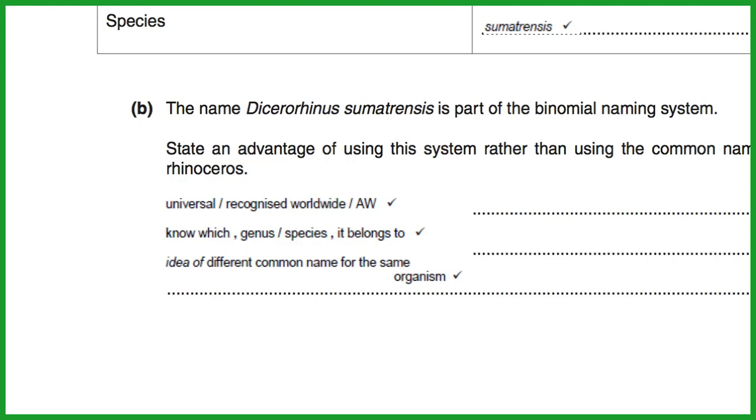You therefore know which species and genus it belongs to, because many different civilizations can have a different common name for the same organism. So by having a binomial name that is the same in all languages, you know that you're always talking about the same organism.